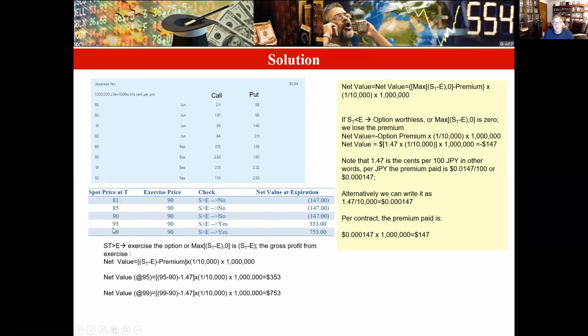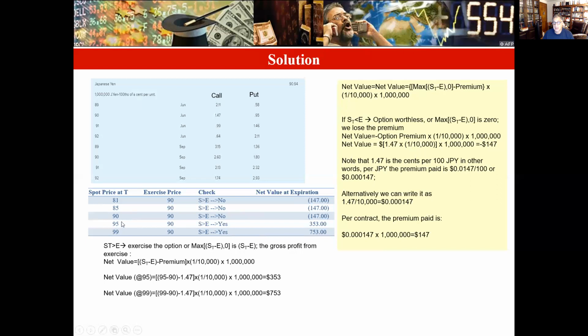So now let's look at the 95. What happens when the spot price is 95? Now things change. At 95, it means that we could actually use the contract, purchase Japanese yen at 0.090, and then sell it in the spot market for 0.095.